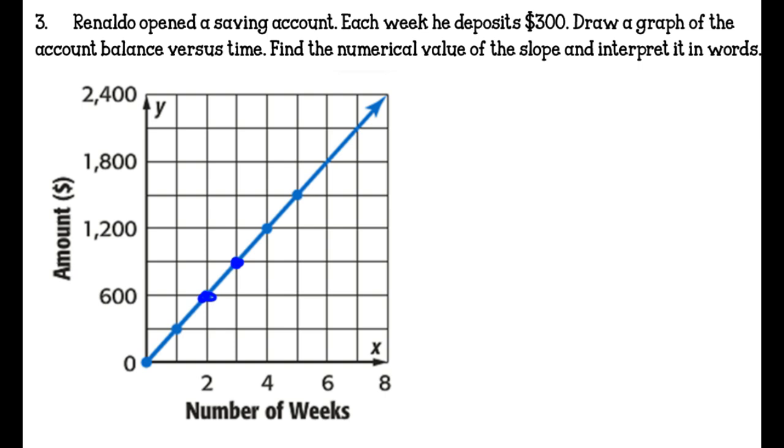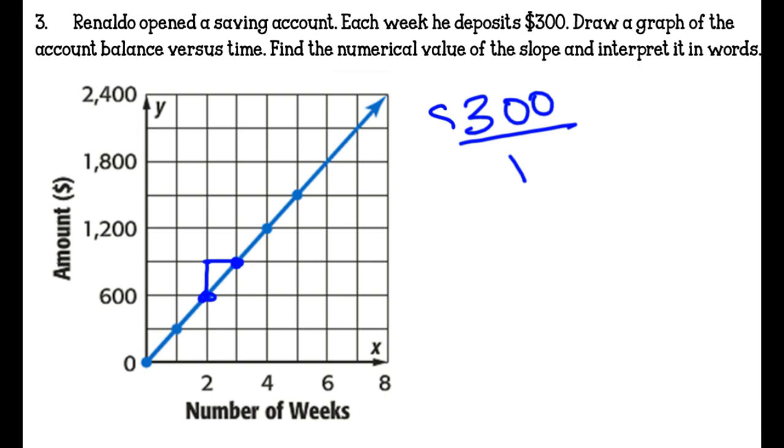My change in Y, so I go from 600 to 900. So the change is 300 over, I go from 2 weeks to 3 weeks. So the change in X is 1 week.